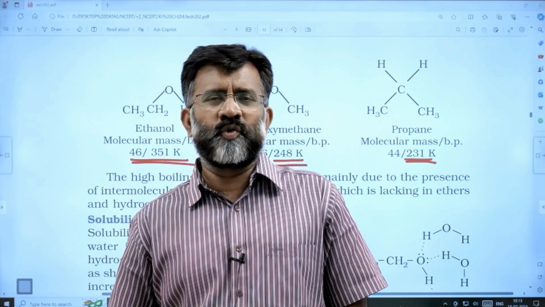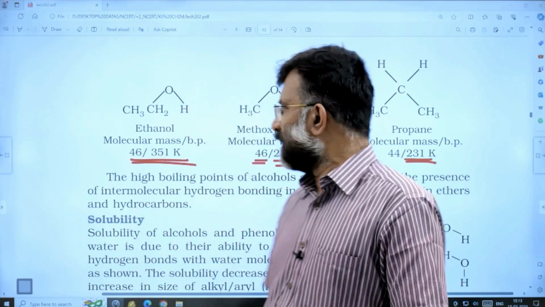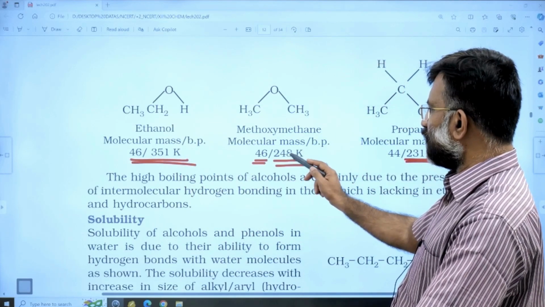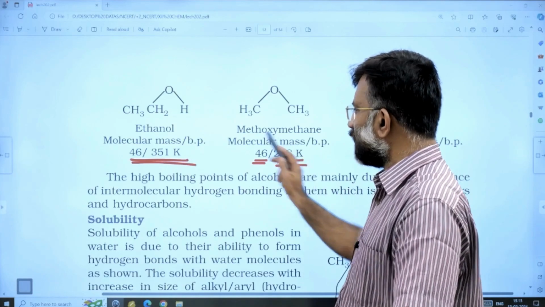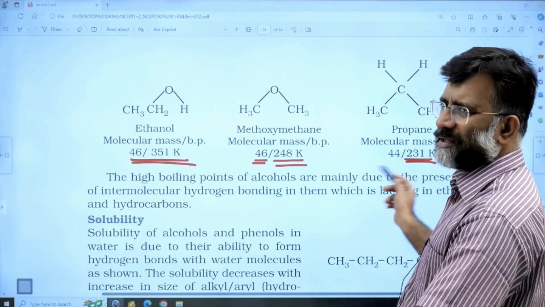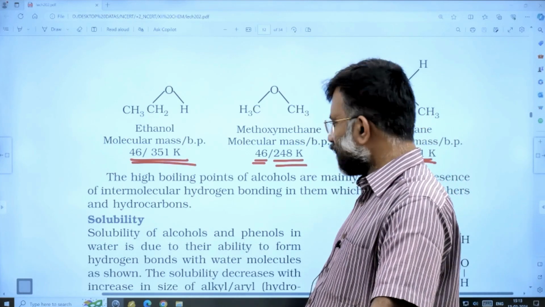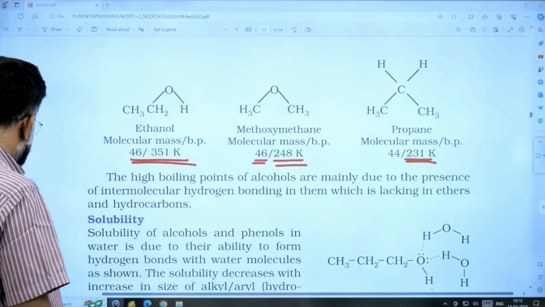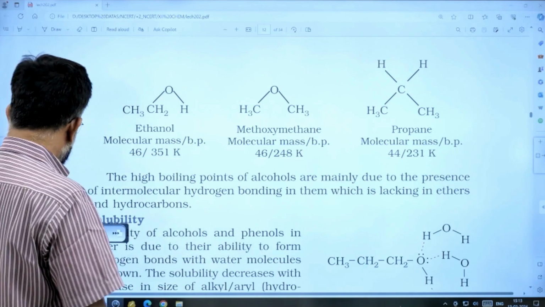Comparing similar molar masses, 351 is much greater than 248. So there is a 100-unit difference, while here it is 231, only a 10-unit difference. That is the point regarding the boiling point of alcohols and phenols.